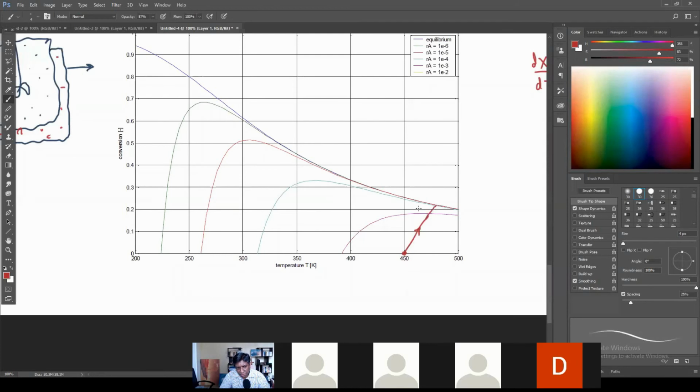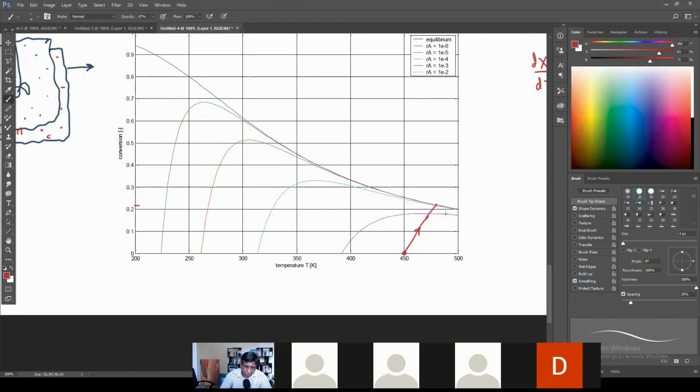The system can't go anywhere else. That means the maximum conversion that we are stuck to is this value, right? Left to its own devices, the system is just going to go here and slowly fall into the steady state. And it's an annoying steady state. It's a very low conversion. We would like to reach these nice high conversions here.